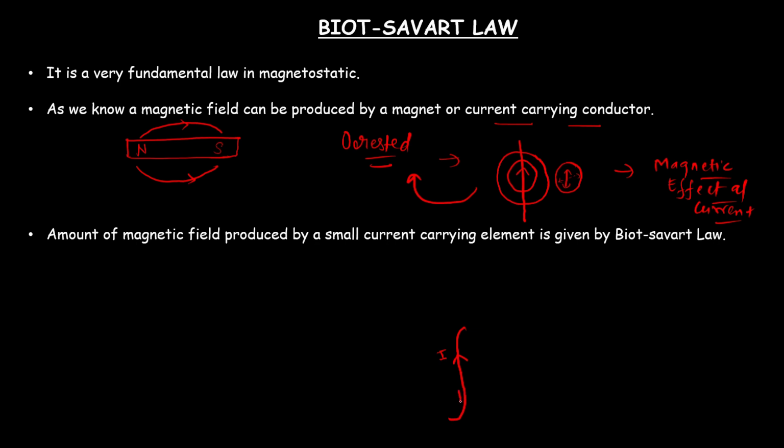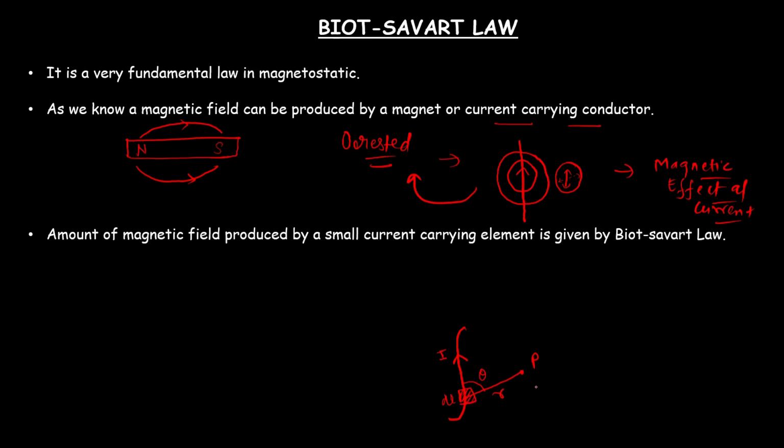Let us consider a small current element on this conductor having a length dl. And now let us consider a point P where we want to find the magnetic field due to this current carrying element. Let P be at a distance r from this small current element, and theta is the angle between this conductor and this displacement vector r.